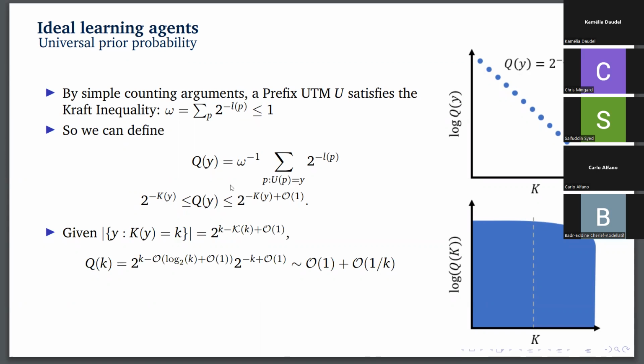Then given the arguments on the previous slide, where we have the number of strings with complexity y, you have this exponential decay in the a priori probability. So you can say that the probability of generating some complexity, given this process where you generate random programs, is approximately uniform.